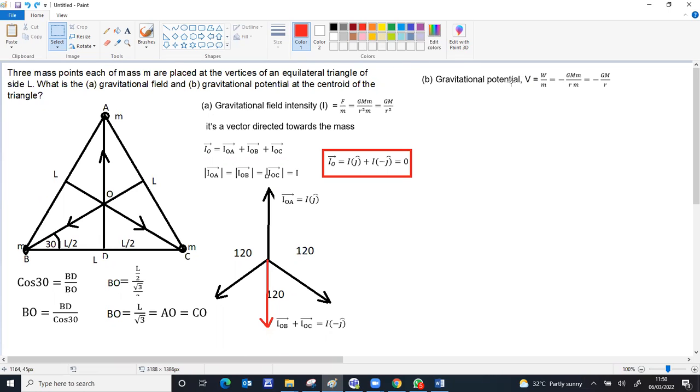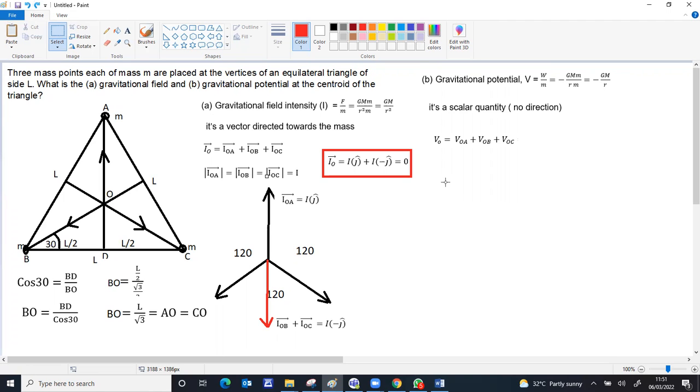Potential is represented by V. We already learned in gravitation that work done is minus G mass 1 mass 2 by R. When you divide by mass, the second mass gets cancelled: minus G, the mass which produces the potential, by the distance from that mass to the point, minus G m by R. The importance is it's a scalar quantity. There is no direction involved. You can just add each potential.